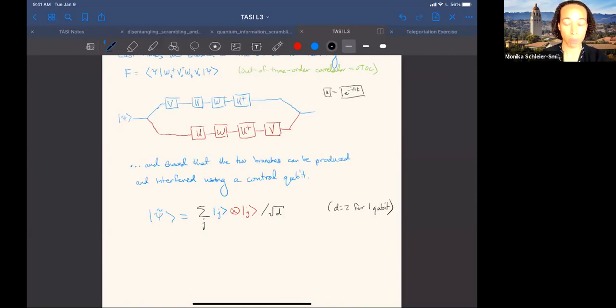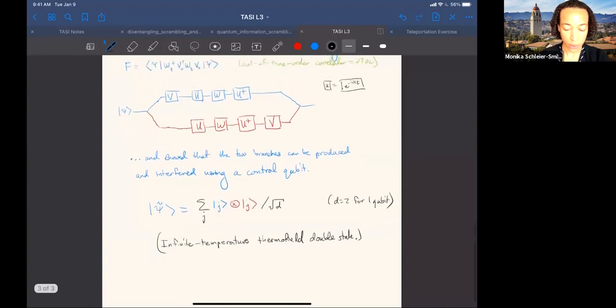This would be the infinite temperature version of a thermofield double state, where generically that would be something that looks thermal for either system by itself, but is pure for the combined composite system. Infinite temperature thermofield double state. Okay, so if I can make that state, then what can I do with it?